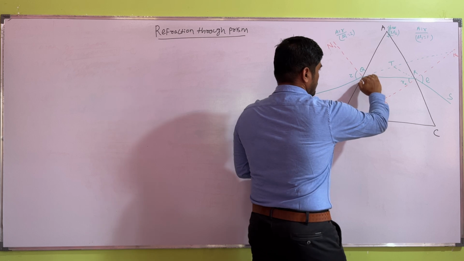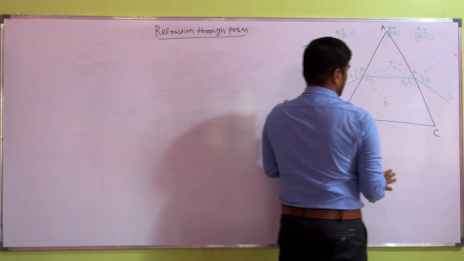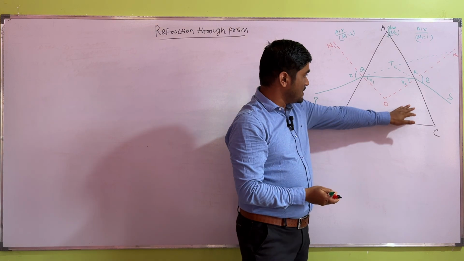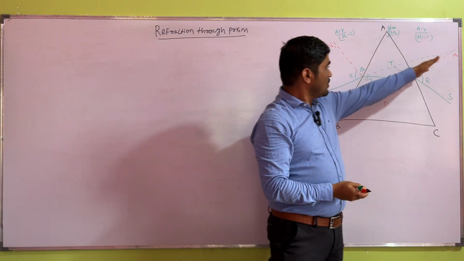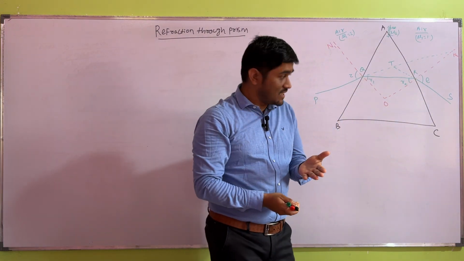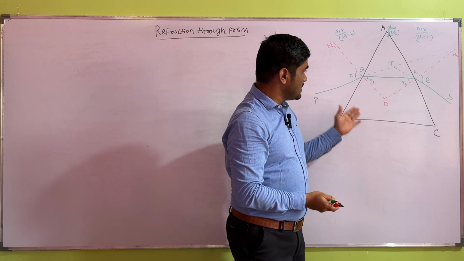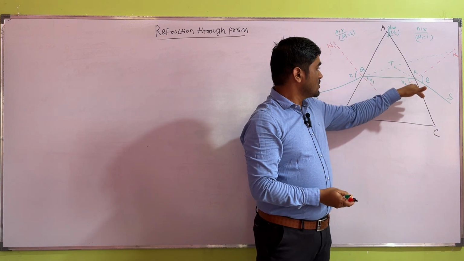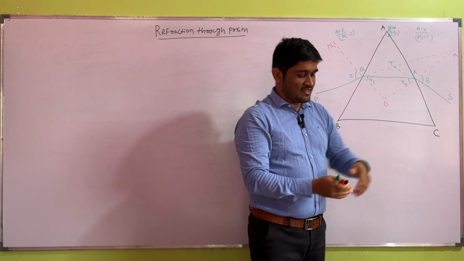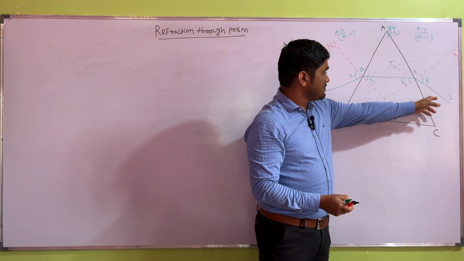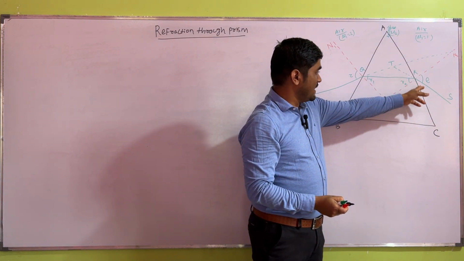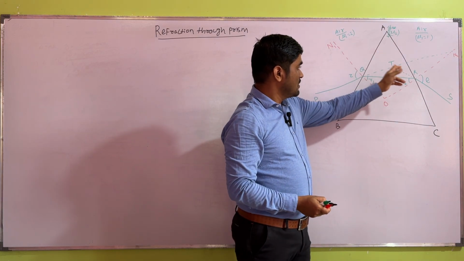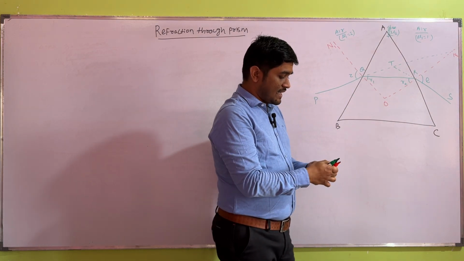Here PQ is the path of the ray in the absence of the prism. That means if there is no prism, then PQN2 would be the incident ray. As there is a prism present, refraction of light takes place and the incident ray changes its path. So this is the final ray, and when you extend the ray RS in the backward direction, you find an angle here.